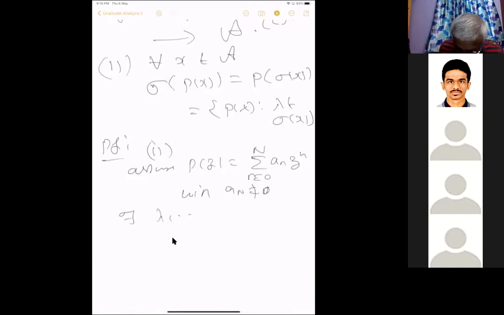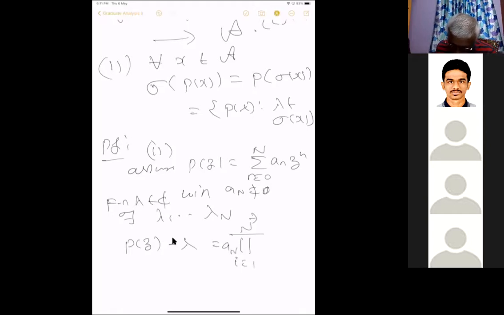So for any lambda in C, p(z) minus lambda is a degree N polynomial, so it will have N roots, possibly repeating. Factorizing it, p(z) minus lambda equals the product, i equal to 1 to N, of a_N times (z minus lambda_i). There exists a factorization because it's a complex field.